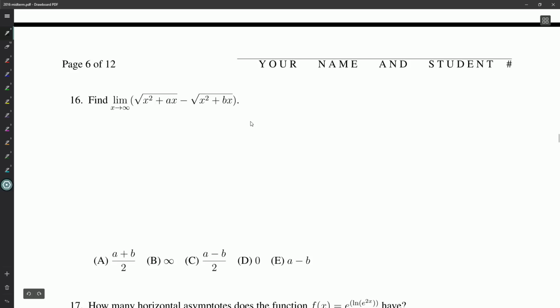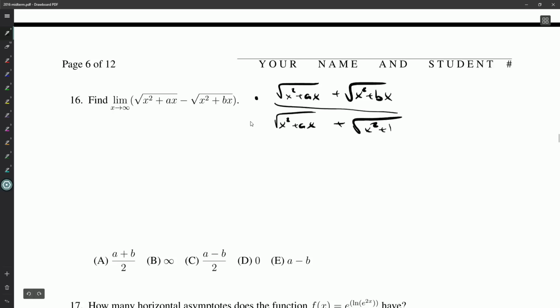Okay? Now, just like in the last question, we multiplied by a sneaky one. We're going to do the same thing here. What we're going to try and do is use a difference of squares. So multiply, same thing, top and bottom. Okay.